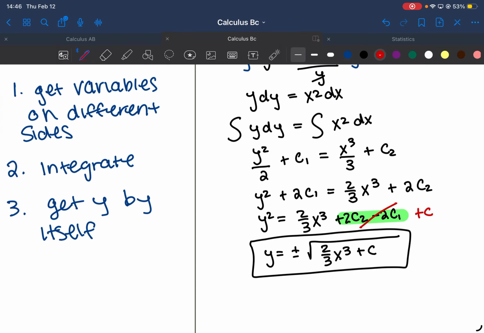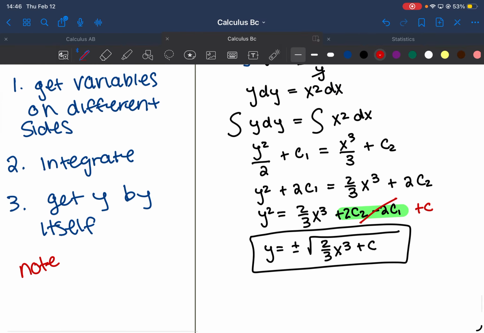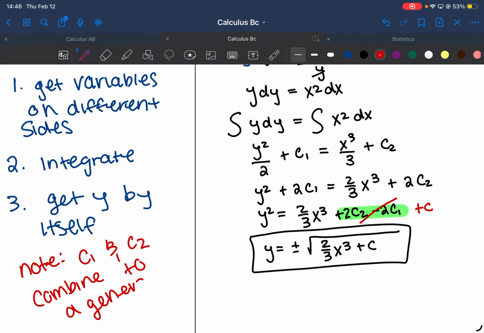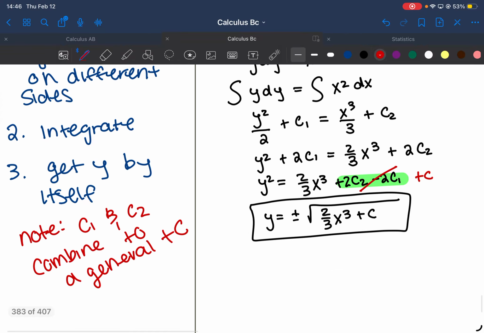Just note that C1 and C2, since they're constants, once they're on the same side, they combine to a general plus C. And that doesn't mean that C value is positive.